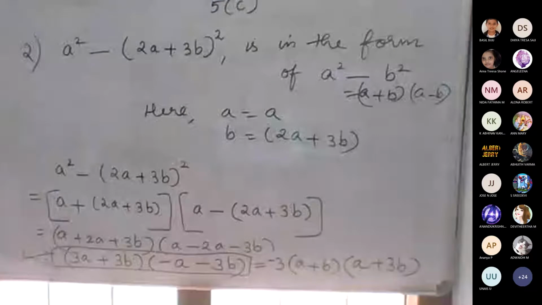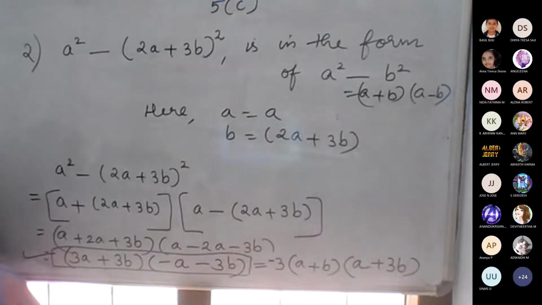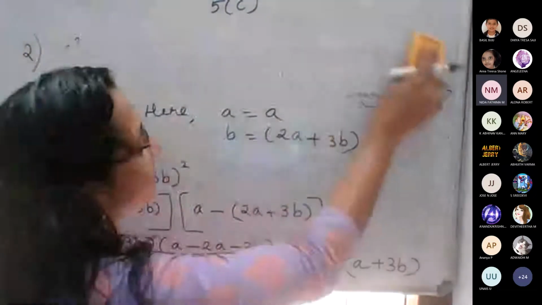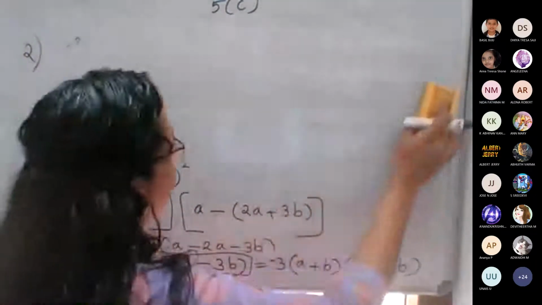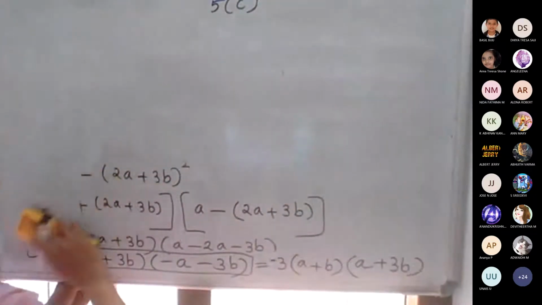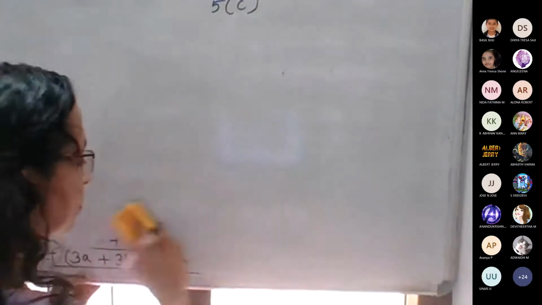A square minus 81 into (b minus c) whole square. So here a stands for what and b stands for what? A stands for a and b stands for 81 into (b minus c). That's what I'm asking. Think of that. Before that, you have to rearrange the question.